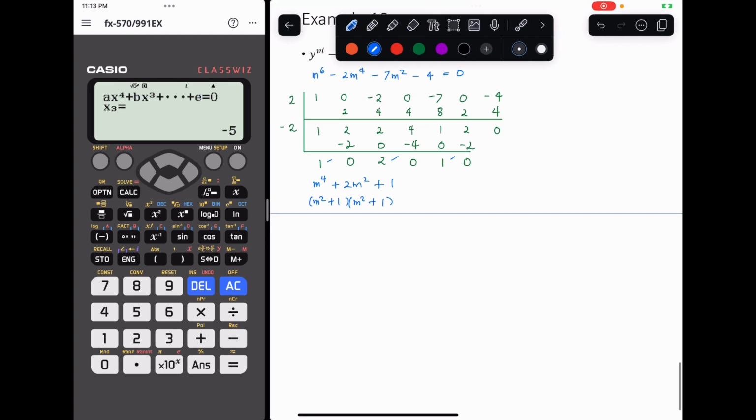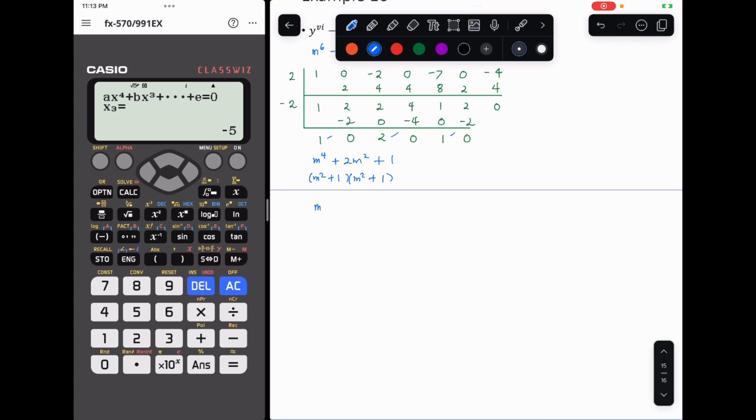So this would be m squared plus 1 is equal to 0. So m squared then will be negative 1. So m would be the square root of negative 1. So in short, m would be equal to plus or minus i.